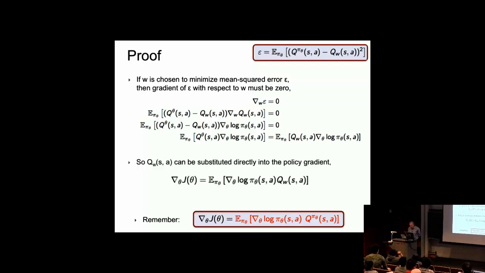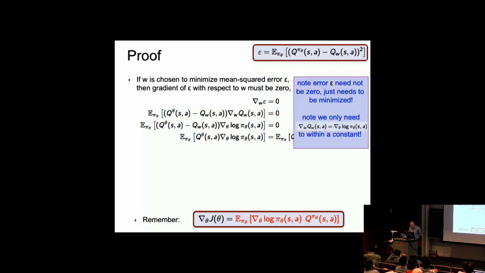Okay, so we can just do that. Now here's a couple notes on this. Notice this proof did not require that the error be 0. It just required that the function approximator converge to the best error it can get.